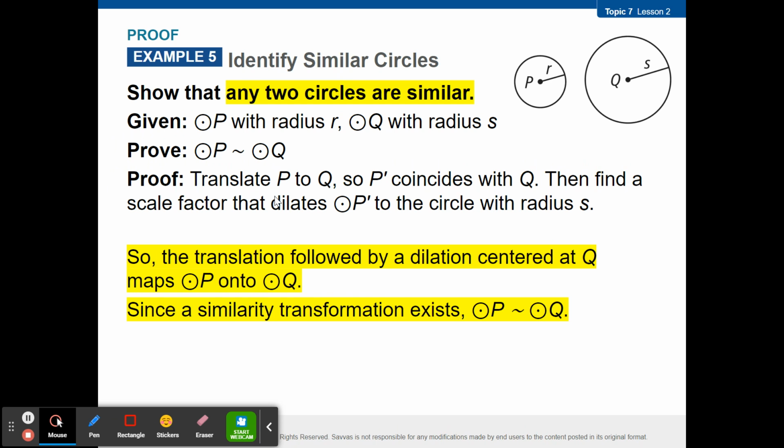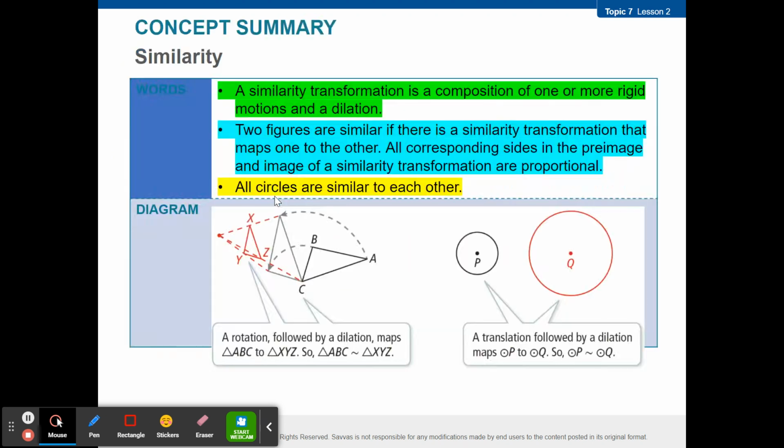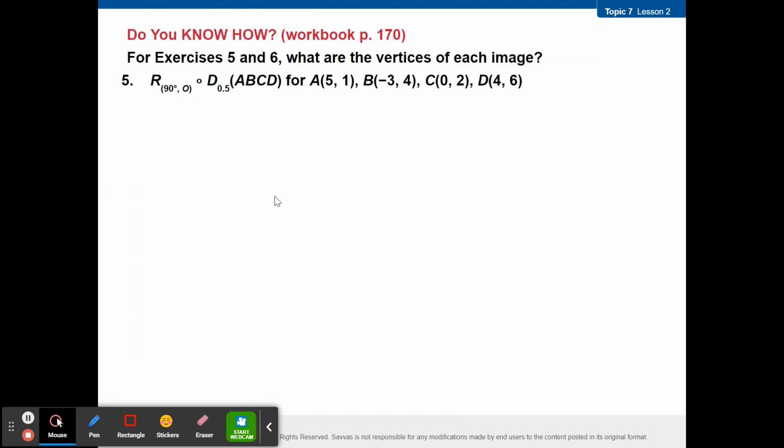Okay. One more minute. If you are done, move down to page 170, perform number 5, please. Emma, are you caught up? Okay. There you go.